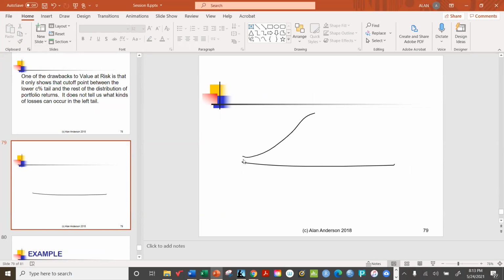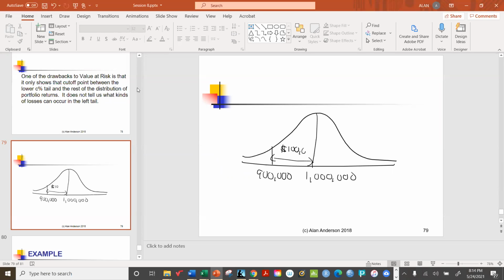So let's say that we have something like this. We have a $1 million portfolio, and let's say the value at risk is here. This loss of $100,000 is my VAR.